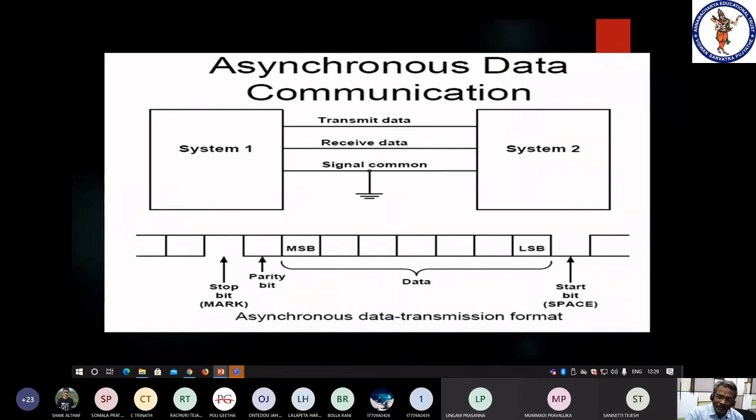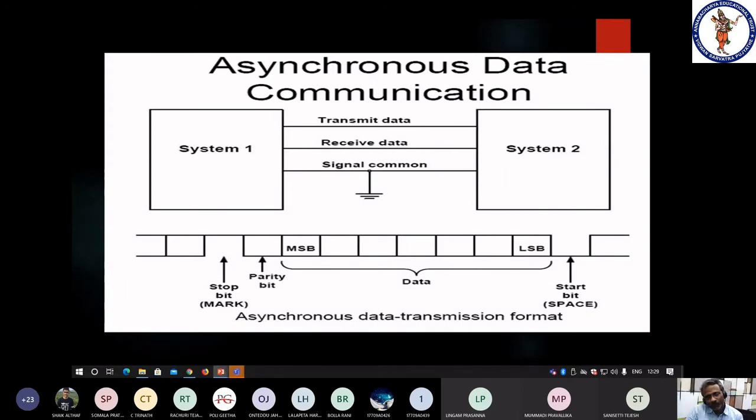Suppose I make the start bit also a 1. By chance, if you make the start bit a 1, the problem is it is very difficult to differentiate whether the data has started or not. The reason is, in the idle case the channel is a sequence of ones, and that can be combined with a start bit of 1, so it is meaningless. It is very difficult to differentiate whether that 1 belongs to the idle channel or to the start of the data.